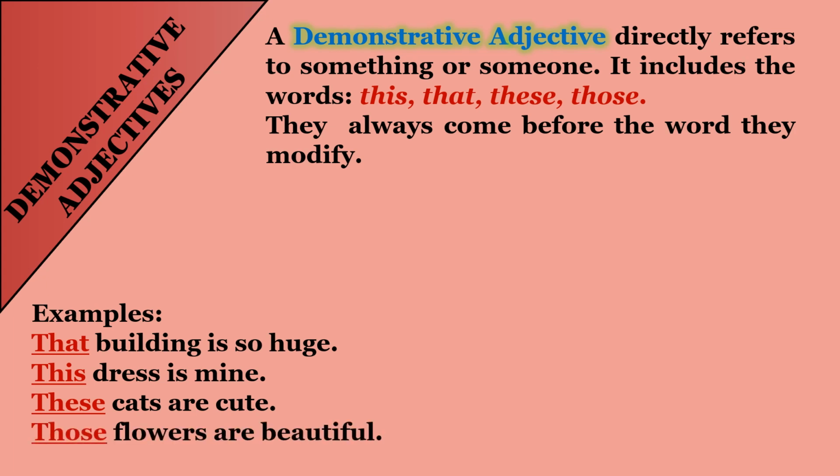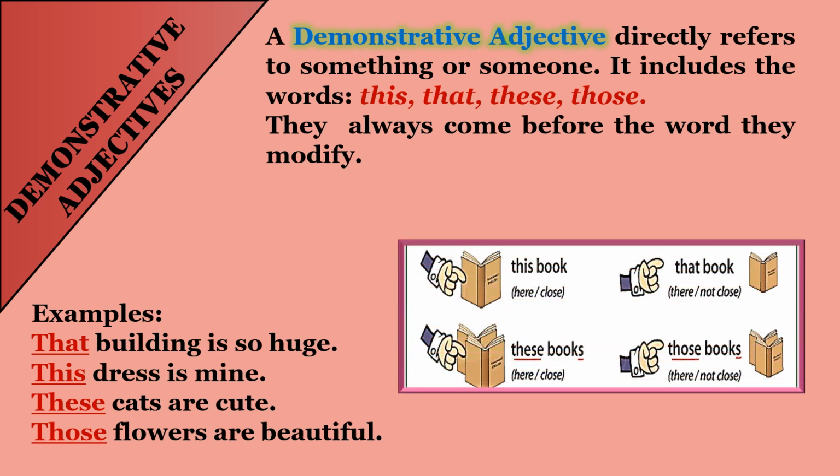And if I want to say something about something far away, which is plural in number, like flowers or dogs or books, I will use the demonstrative adjective those. So if you look at this picture, this and these, singular and plural, are for something that is close by, that and those for something that is not close by.